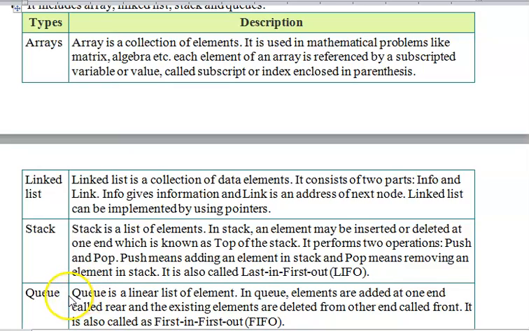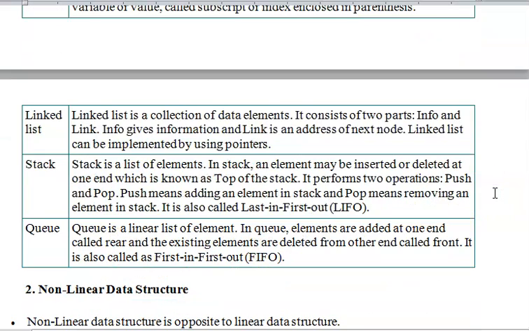Then queue is another data structure, which is slightly different from stack, because the accessing operation is performed on opposite ends of the structure. It's a linear list. The elements are added at one end and they are removed from the other end.